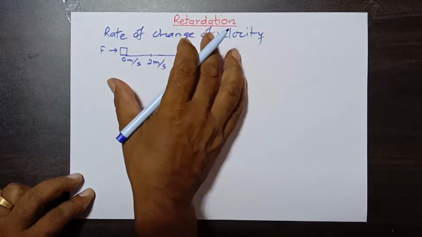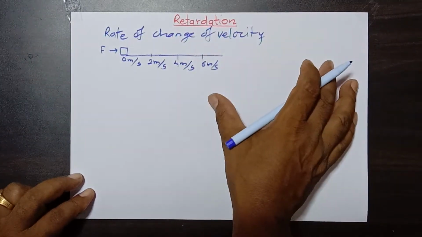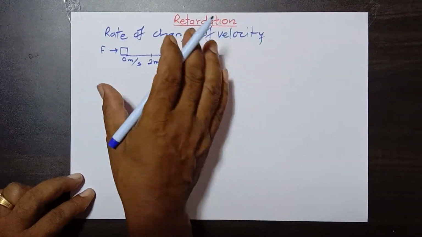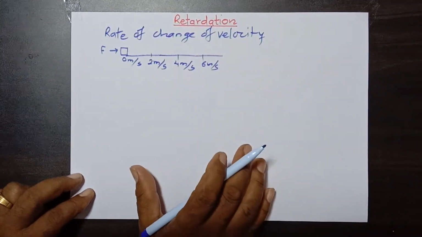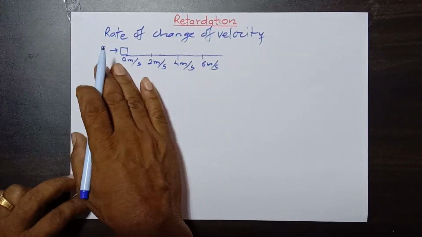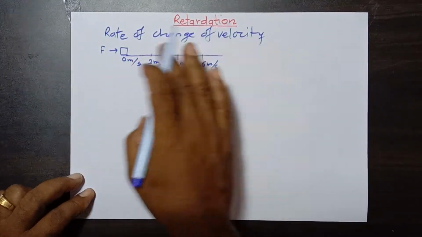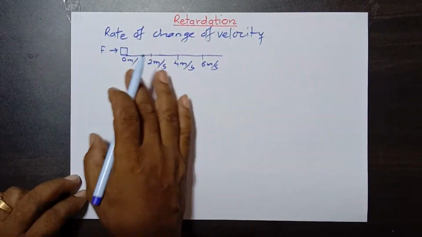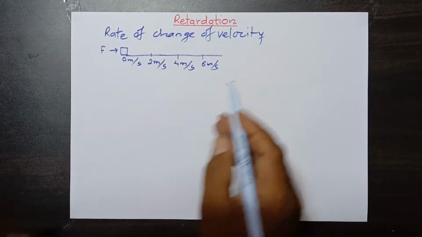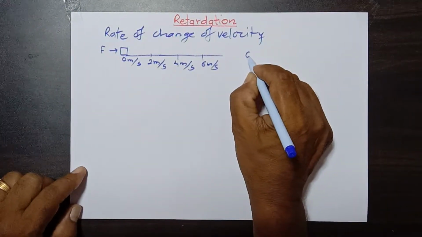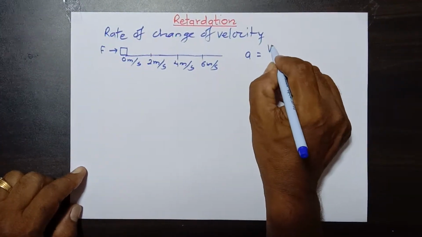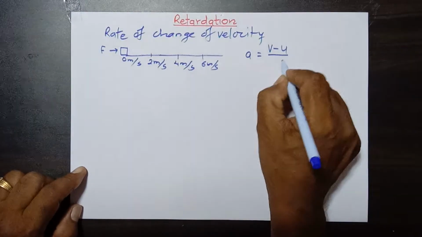These values are just assumed values. But when a constant force is acting on a body, velocity goes on increasing, due to which acceleration is produced. In the previous class it was represented by the formula a equals v minus u by t.